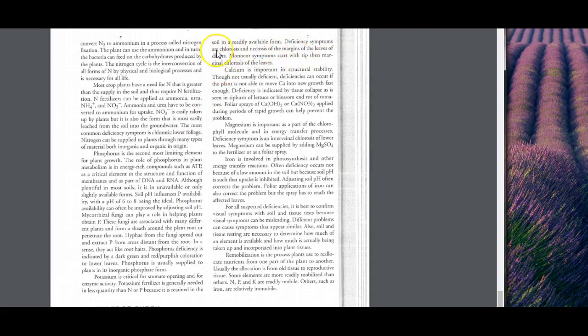And again, deficiency symptoms are chlorosis and necrosis of the margins of the leaves of dicots, and your monocots start with the tip and then marginal chlorosis of the leaves. Dr. Camerato showed some of that in the potassium deficiency in drought videotape that I showed.